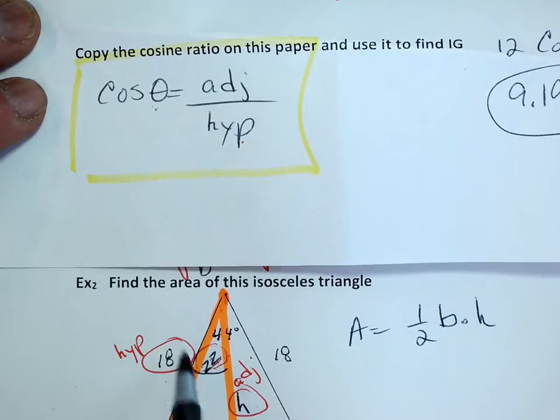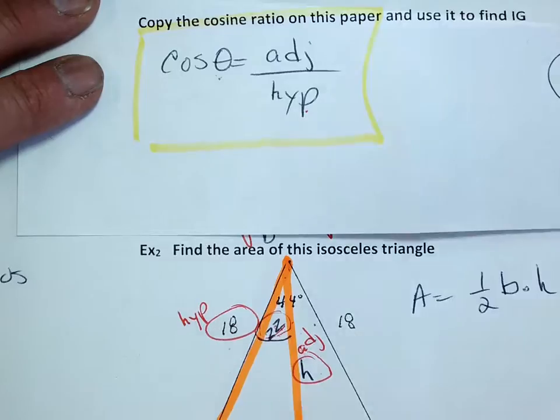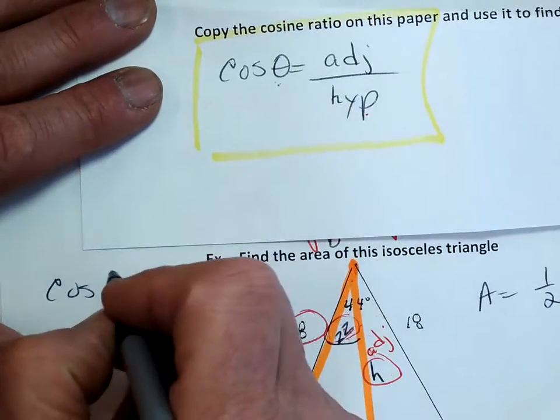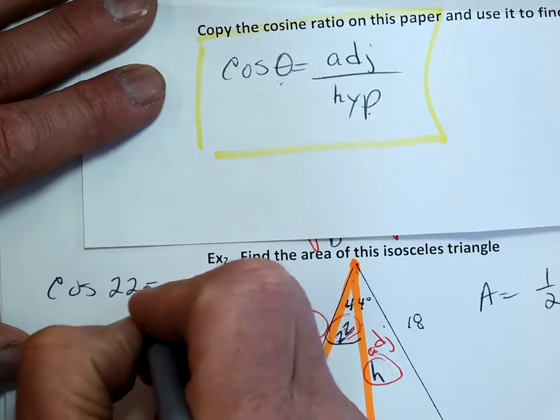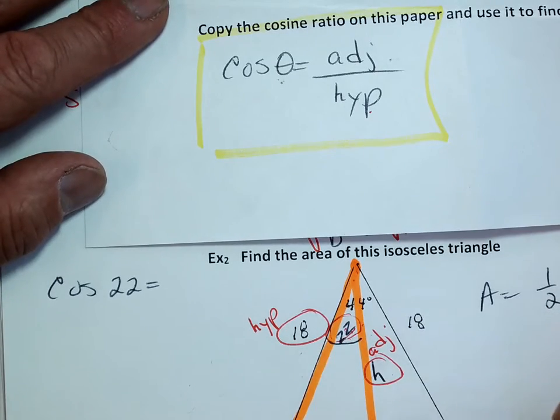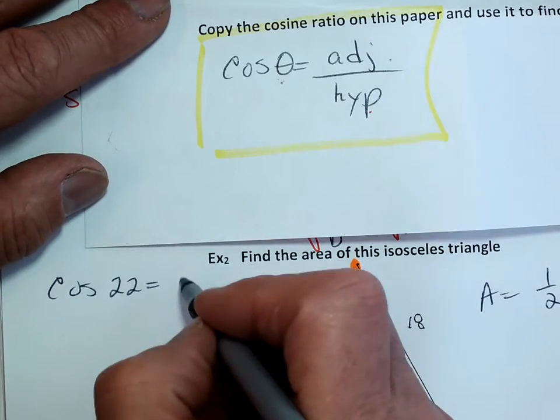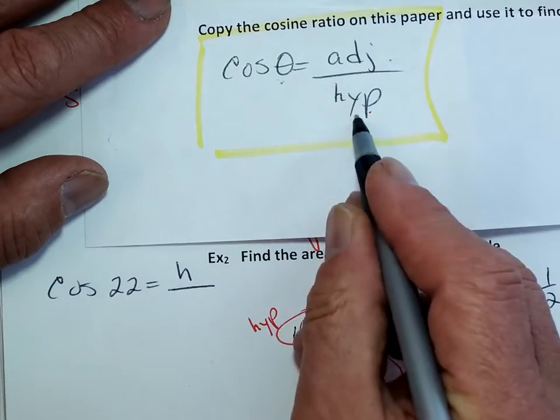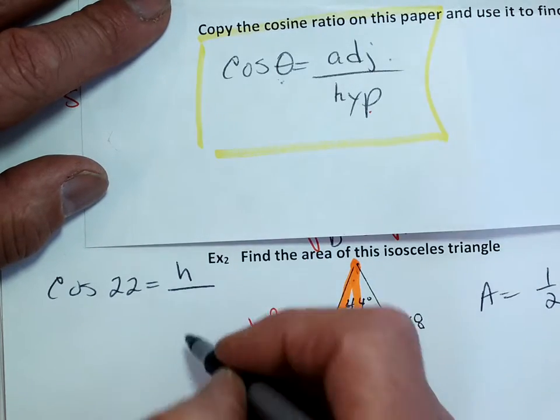Cosine of theta, but theta is the 22 degrees, right? So cosine of 22 is equal to the adjacent. Now the adjacent is my unknown, the side I don't know. So I'll say h over the hypotenuse, and the hypotenuse is 18.